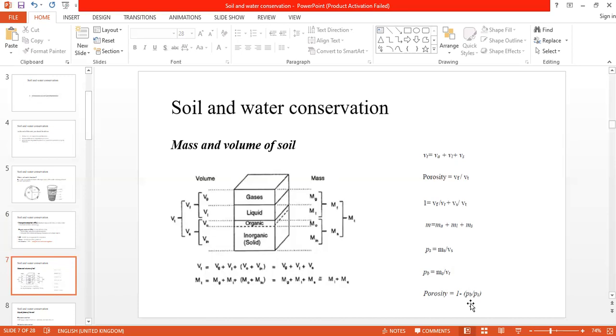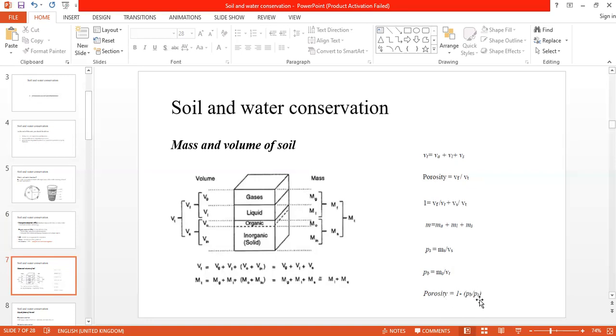These two can be combined using this formula, where the porosity of the soil is equal to 1 minus the bulk density of the soil divided by the particle density. In the module, we have an explanation of how this relationship comes about.